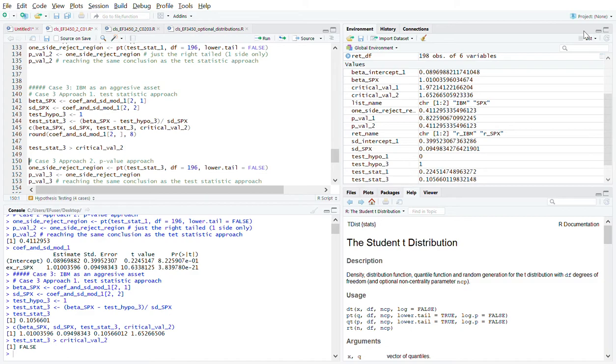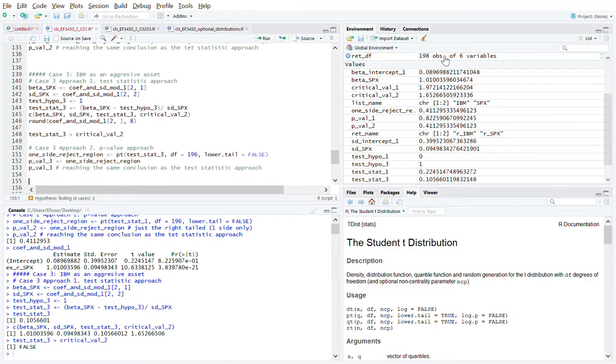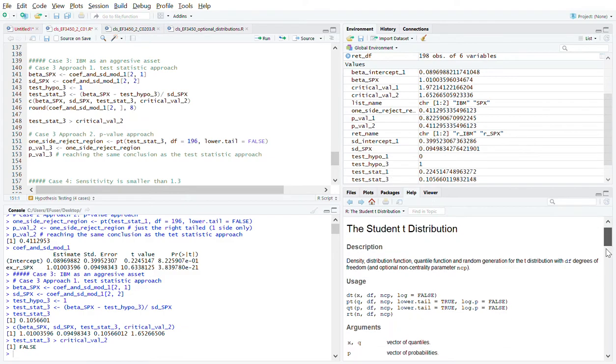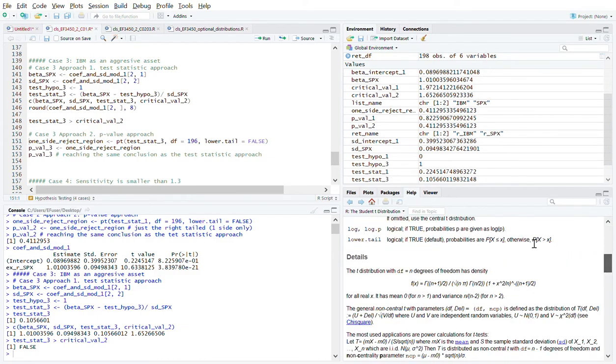Oh, sorry, I still forgot the p-value approach. For the p-value approach, again we use the CDF function but set lower.tail equals FALSE, and hence it is 1 minus the CDF, which gives us the probability.